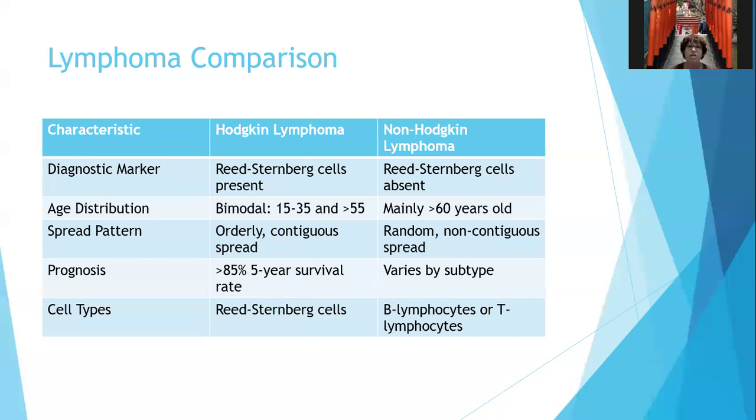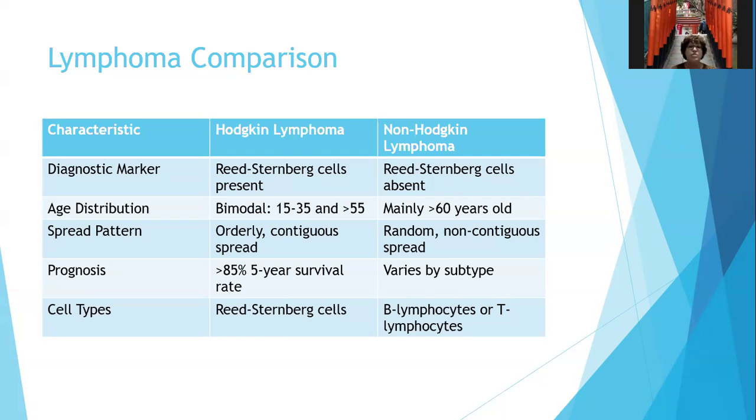So with non-Hodgkin, no Reed-Sternberg cells, mainly people who are over 60, and it's that random non-contiguous spread. A lot of times people with non-Hodgkin will have multiple enlarged lymph nodes, and it's an unpredictable spread.